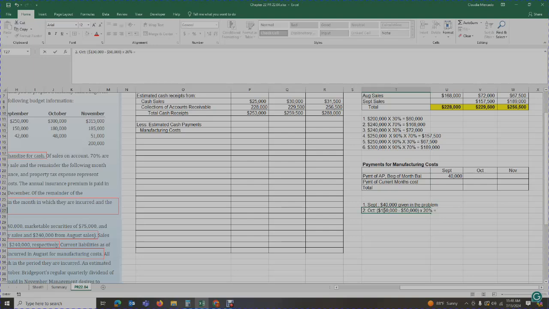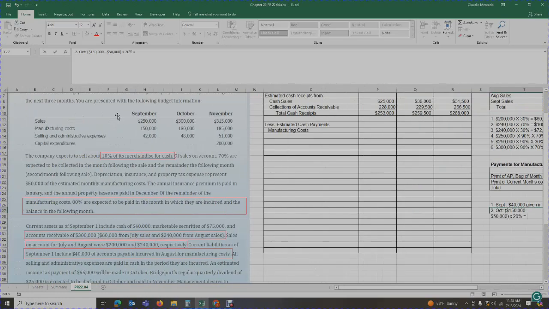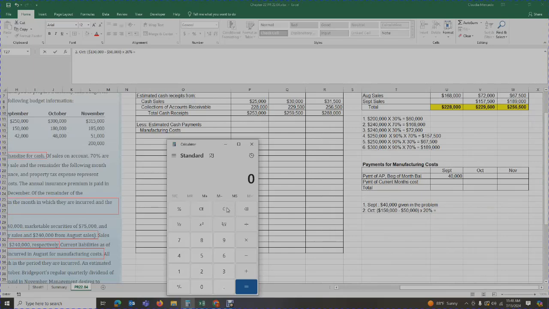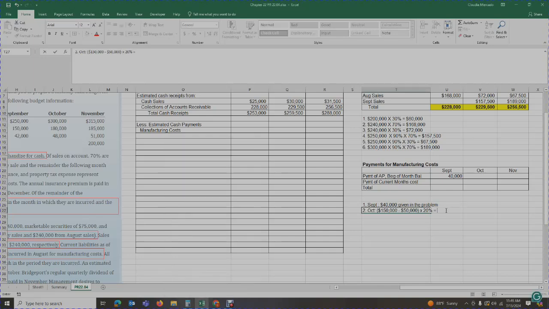Why 20%? Because remember, in September we pay 80%, and in October we pay the remaining 20%. So we're calculating it from the September figure. $150,000 minus the $50,000 times 20% gives us $20,000. So in October, I am going to pay $20,000 from September.